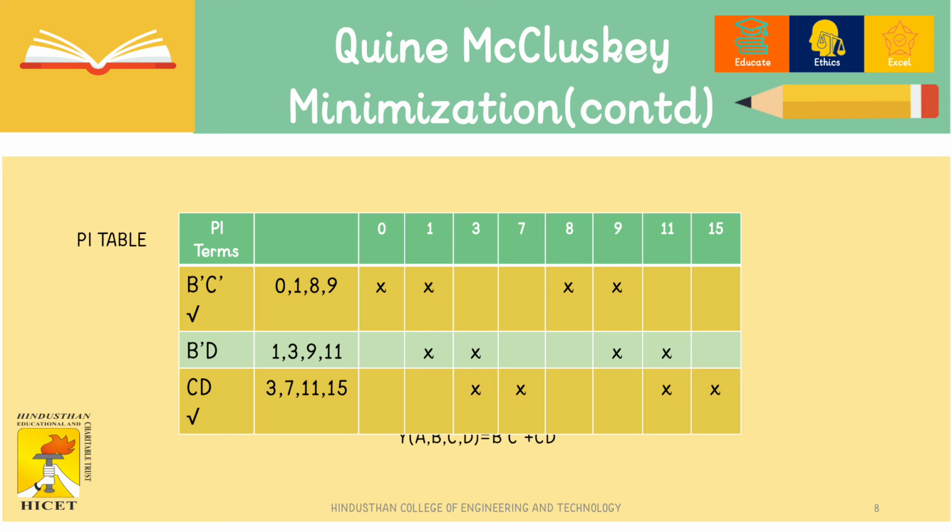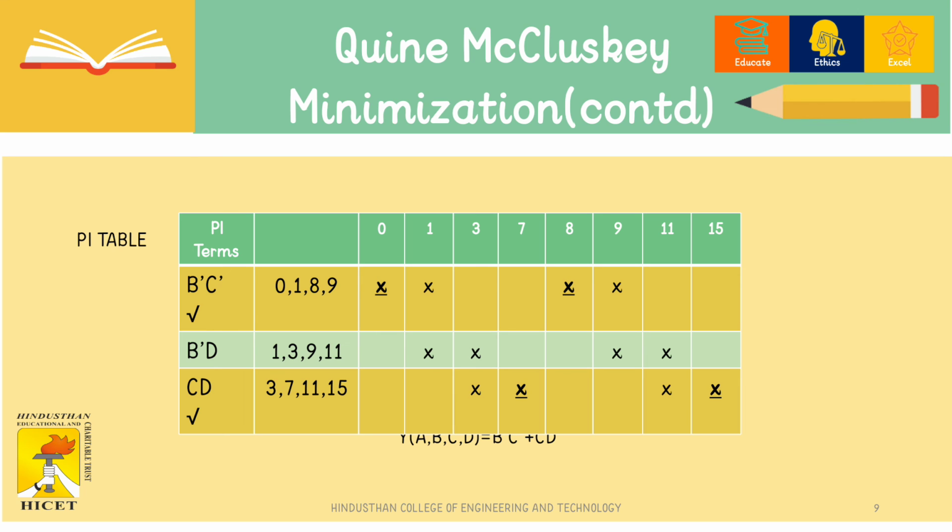Next term is b dash d, that is covered by 1, 3, 9, 11 and I place a cross mark for the corresponding minterms in the second row. The third term cd covers 3, 7, 11, 15, so I place a cross mark to 3, 7, 11 and 15.